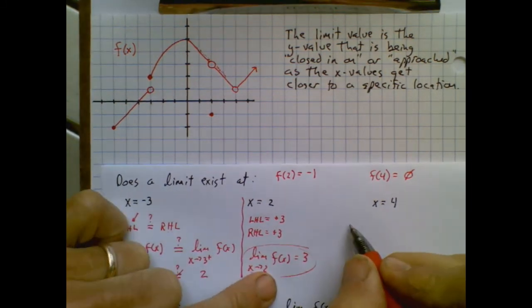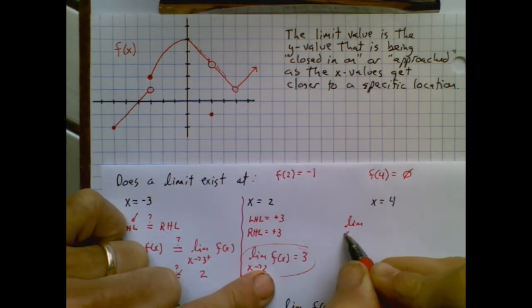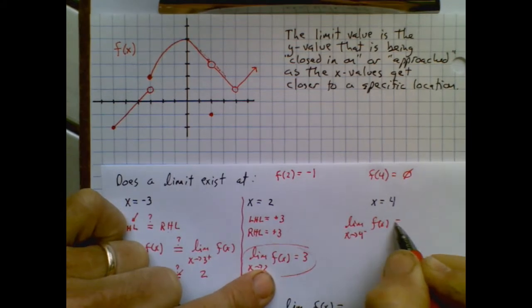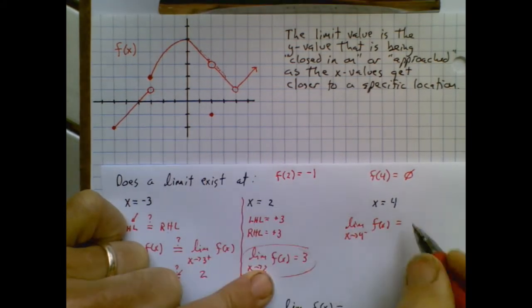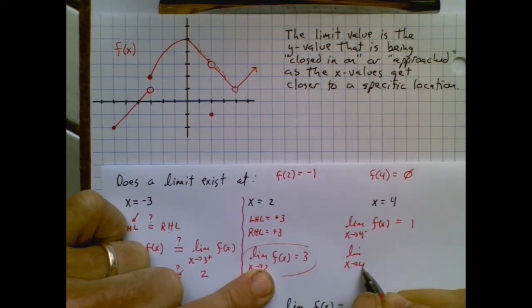So I'll go formal here. I'll start with a left-hand limit. Limit as I approach 4 from the left, and now I'm going to do the right-hand limit. I bet you see where we're going.